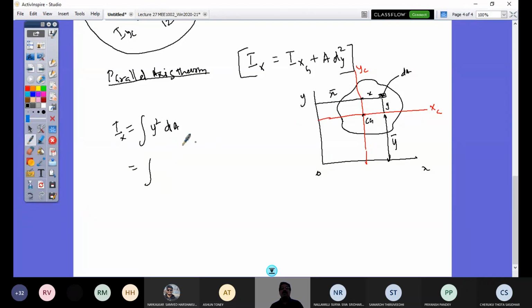Y bar plus y. It is not simple. So I am not doing it with Ixc. I wanted about this x-axis. So that means this elemental area is located from here at what distance? Y bar plus y distance. So that is integral of y bar plus y squared dA.